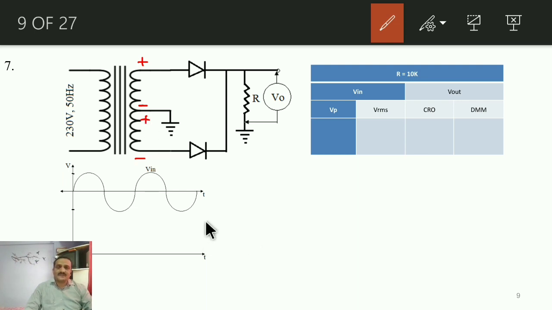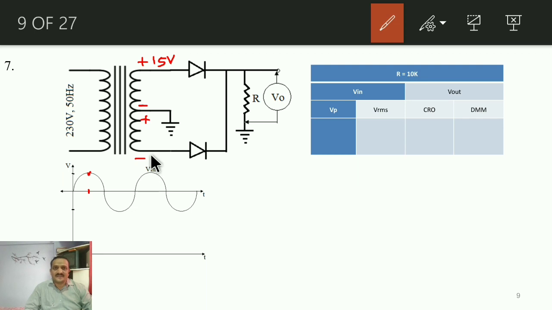Right, now see, suppose at pi by 2, that AC signal reaches its peak value over here, right? So just imagine at pi by 2, if it is at, we can say, 15 volts, if that peak voltage is 15 at pi by 2, how much will be the potential at this opposite terminal?